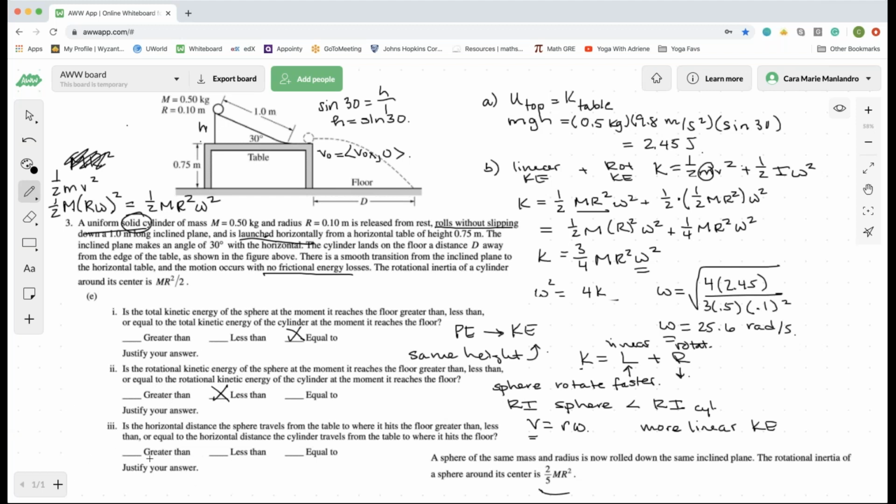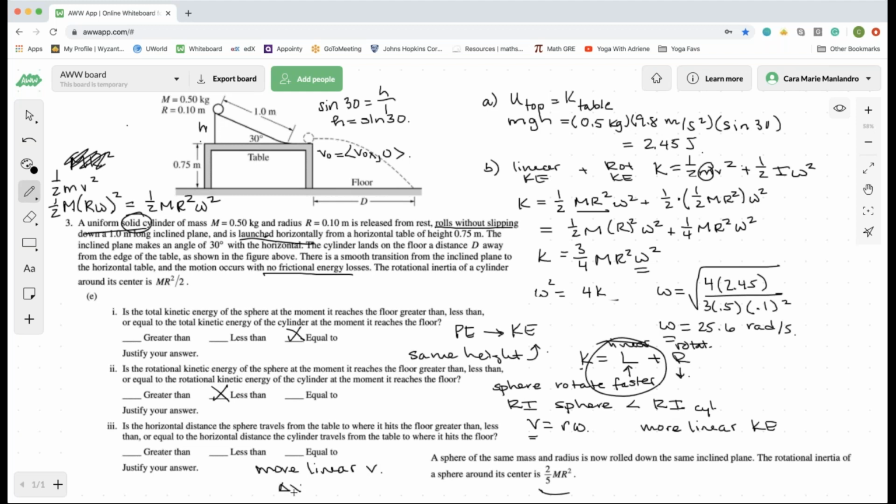All right, last question. Is the horizontal distance the sphere travels greater than, less than? We've actually already answered this question, right? We know that we have more linear energy, right here. So if I have more linear energy, then I have more linear velocity.